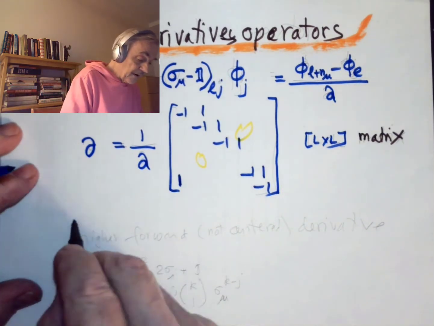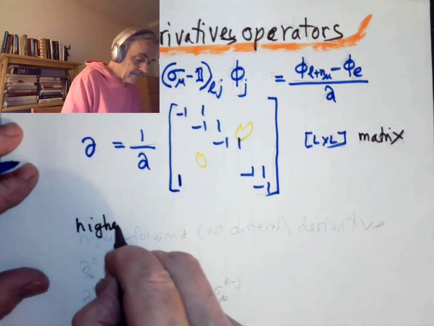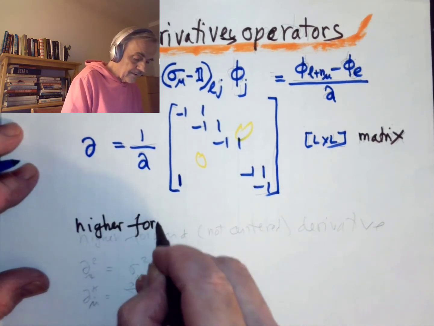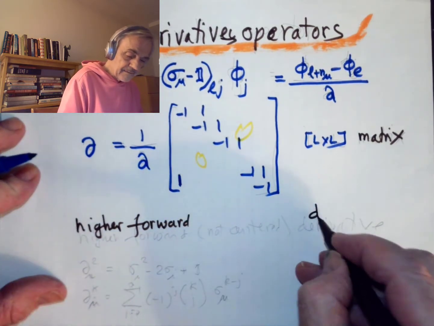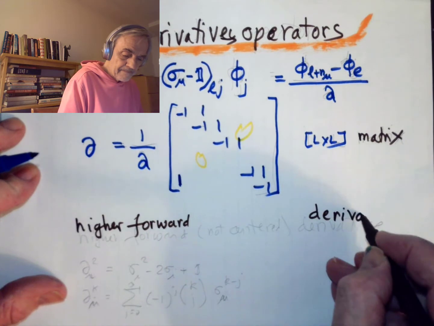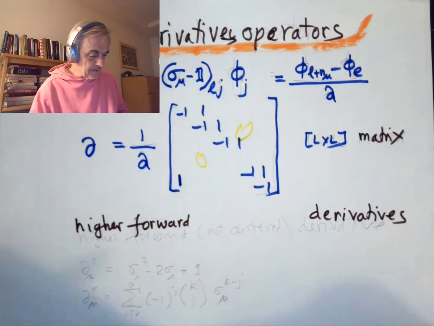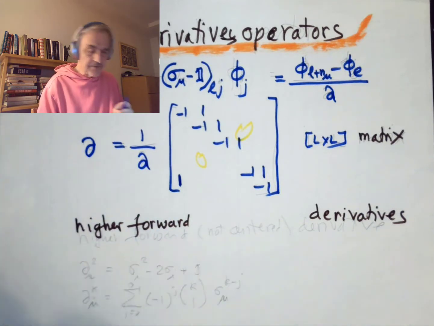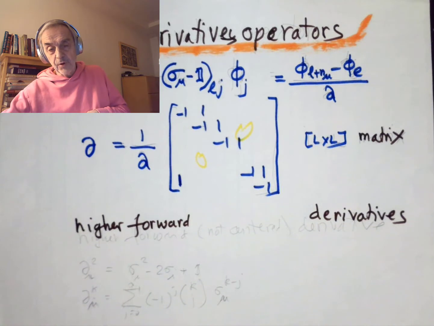There's no mystery about derivative anymore on a lattice. I can define any order derivative. So higher forward derivatives. Now, when you think about it, there's something ugly about this definition because we arbitrarily chose to compare with a point in the positive direction.